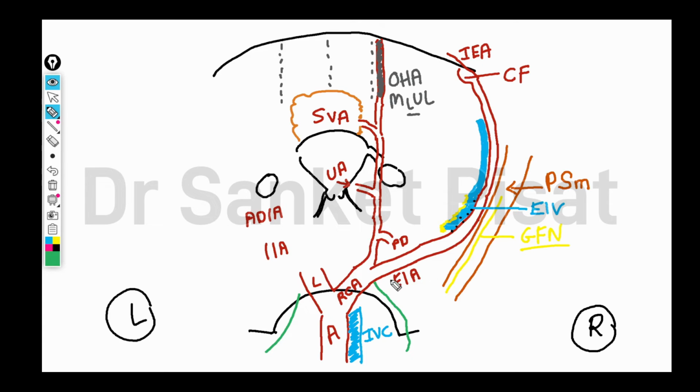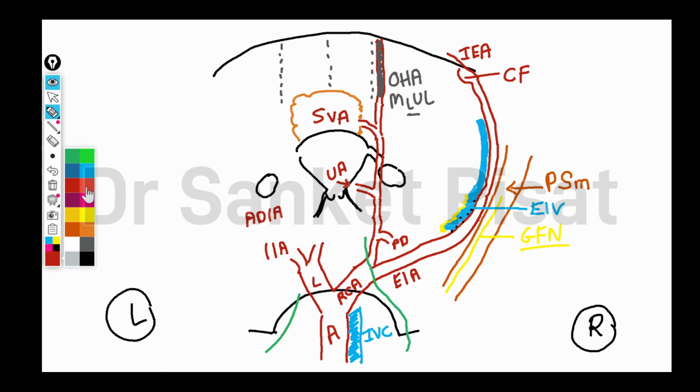However, on the right side the ureter crosses into the pelvic brim at the bifurcation of the common iliac, where it bifurcates into the external iliac and the internal iliac. And on the left side, which is a little different, this crossing over happens above the level of the bifurcation.